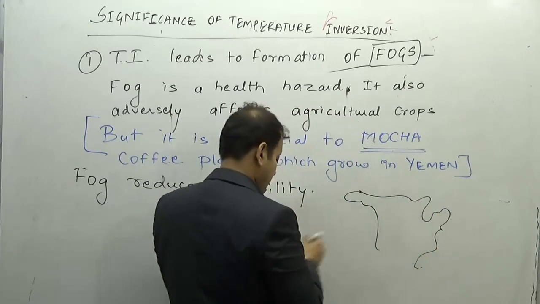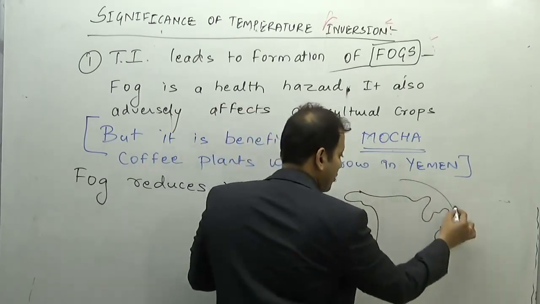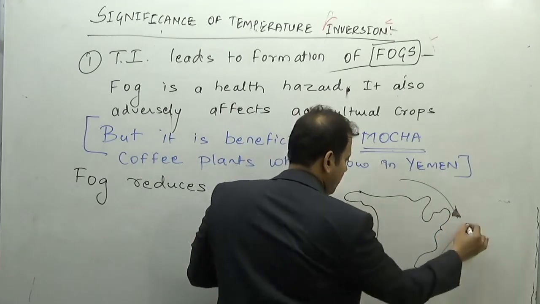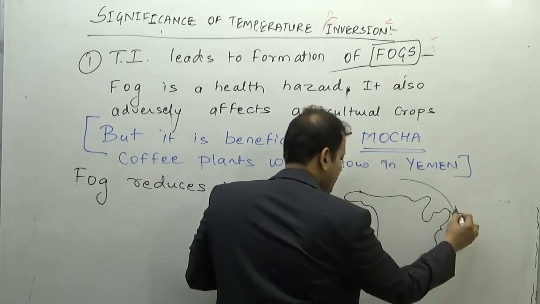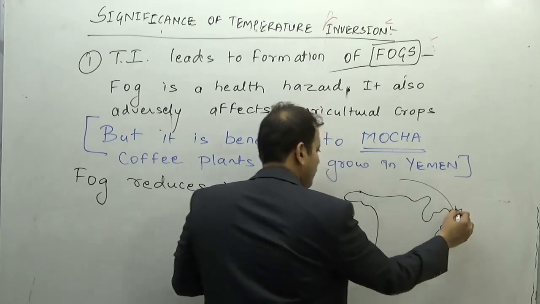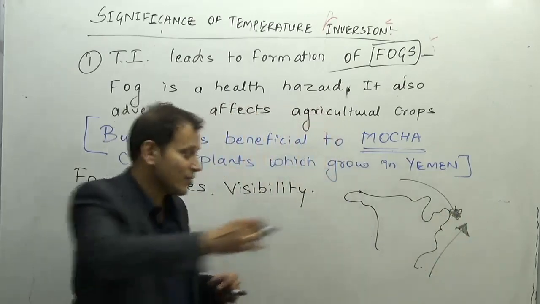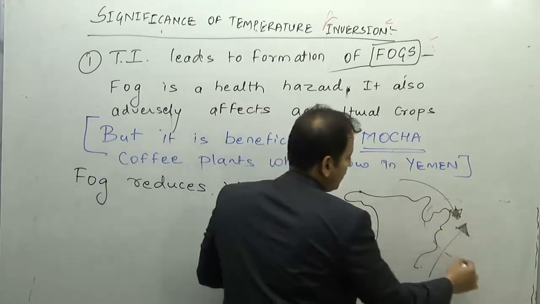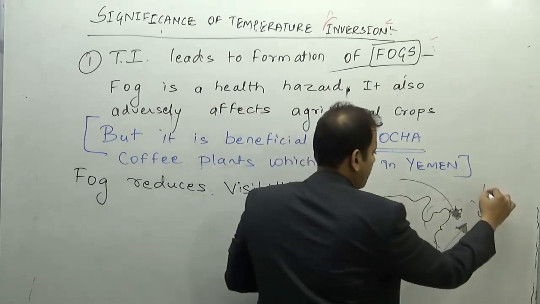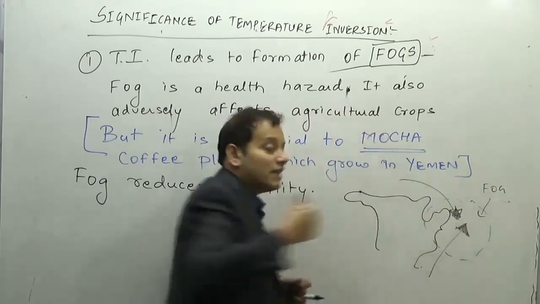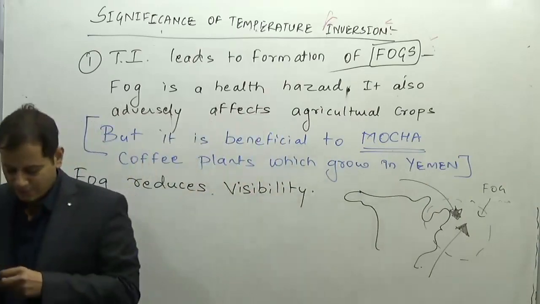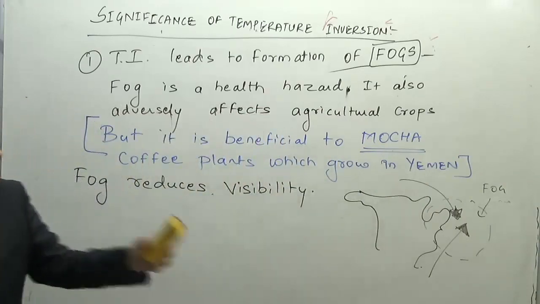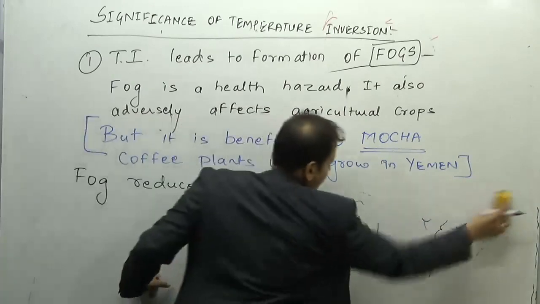There is a mixture of the cold Labrador current, which comes from the polar region, and the warm Gulf Stream, which comes from the equatorial region. Due to mixing of these two cold and warm currents, this area is always covered by the formation of fogs. So this was where the Titanic accident occurred. Now coming back to the topic here.